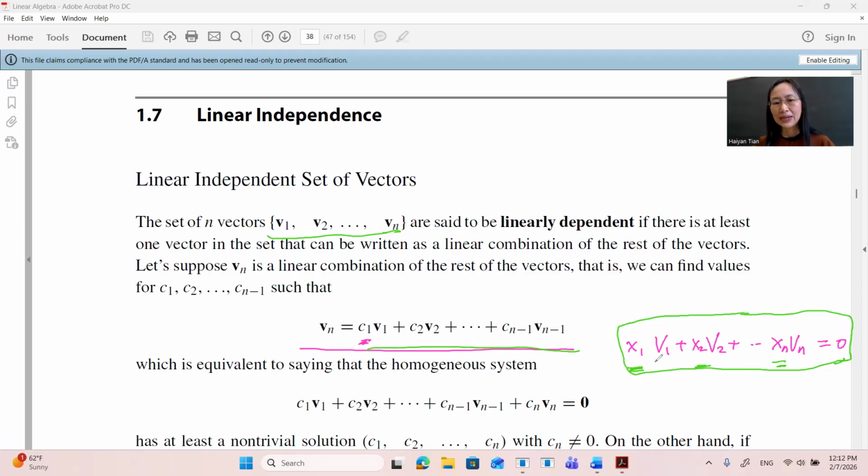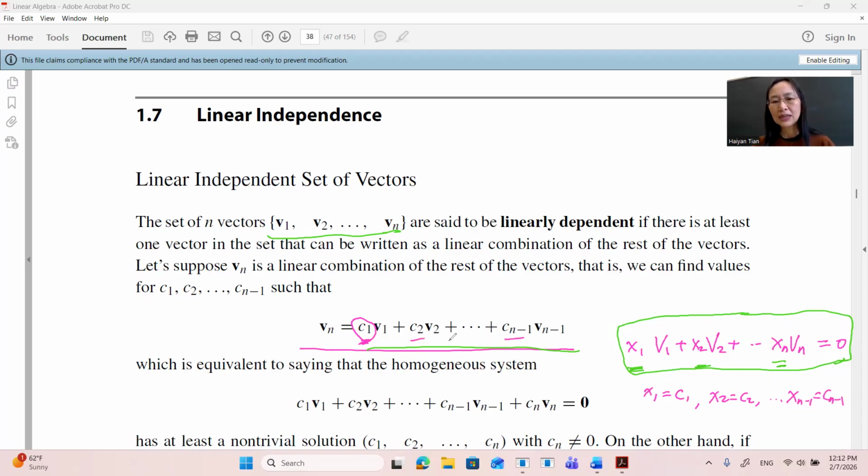Because when C1 is x1, C2 is x2, we can just find the non-trivial solution. That is when x1 is C1, x2 is C2, and xn minus 1 is Cn minus 1.